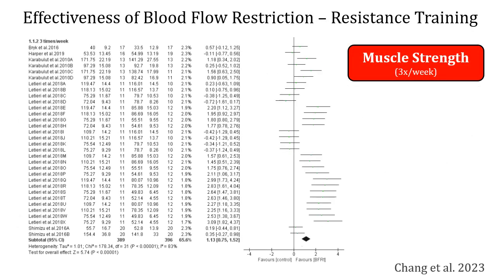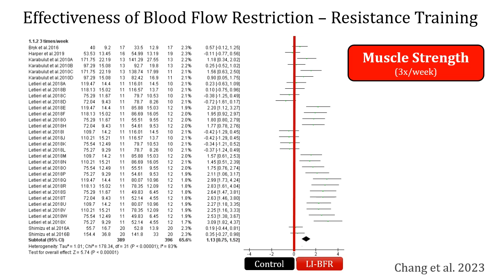And then in regards to muscle strength, they specifically looked at the studies that did it 3 times a week versus twice a week, and 3 times a week showed a meaningful difference favoring the low intensity BFR.